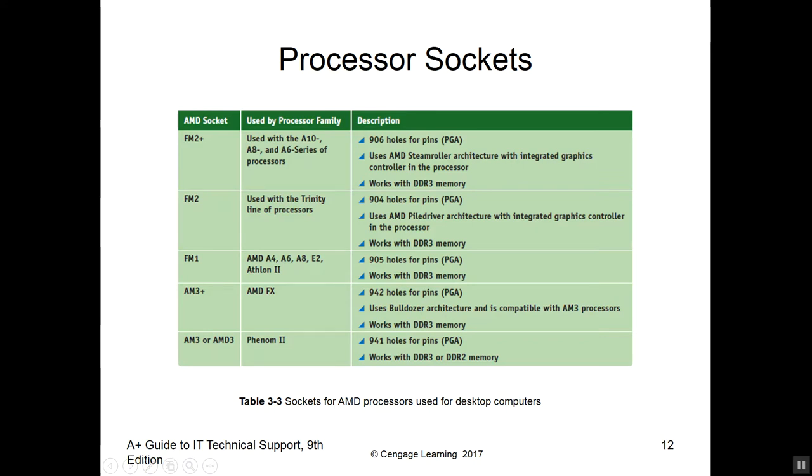Here we've got the different AMD sockets used and a description of the AMD chip. So 941 holes, 942, 905, 904. Each one you can tell by how many holes or how many pins it has on it, and what type of processor it is.